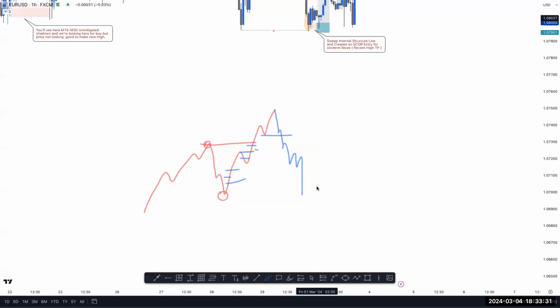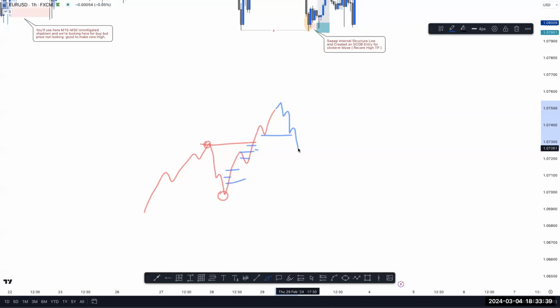And another thing is, if the market has mitigated everything, you have to wait for it to take out this inducement right here. If the market takes out the inducement and sweeps on the same time frame at this point, then simply you can buy based on a single candle order block.